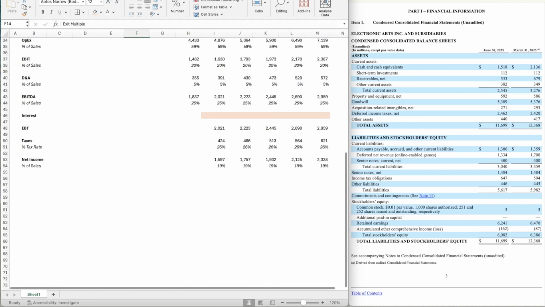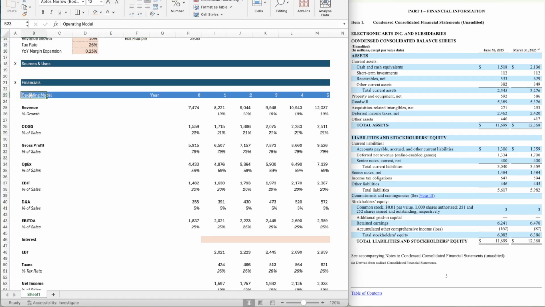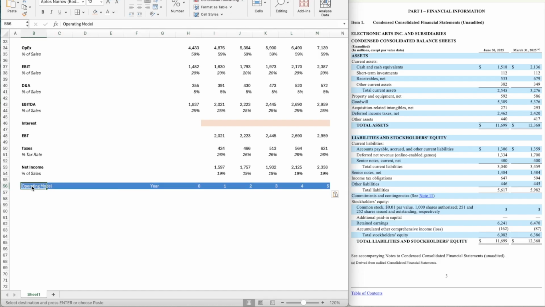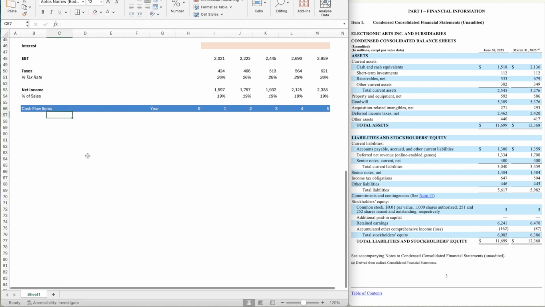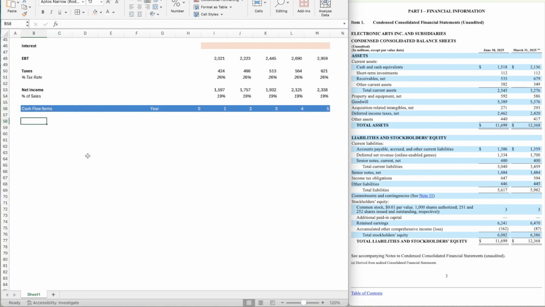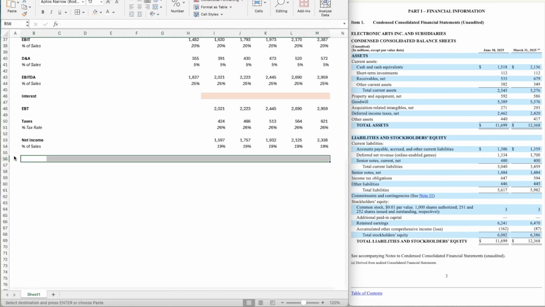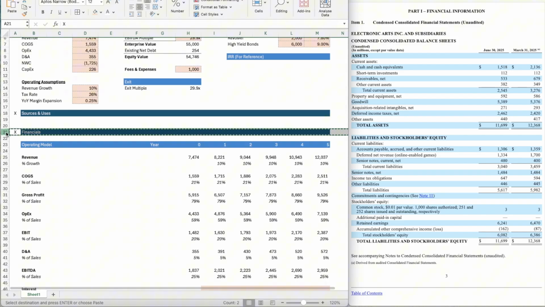Now let's do the cash flow items. And it's similar to how we've done before in calculating the free cash flow generated. Actually, okay, no, sorry. Let's undo that. Let's have a proper segment for it.